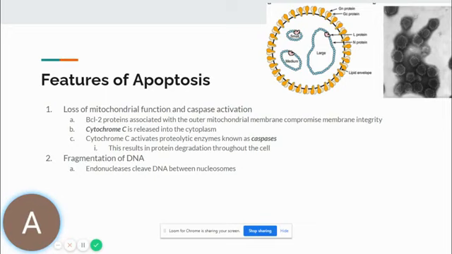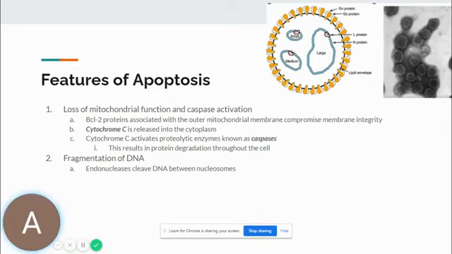This results in protein degradation throughout the cell, and this leads to fragmentation of the DNA induced by endonucleases. So in the cytoplasm, BCL2 proteins associate with mitochondria, and when they do, the integrity of the mitochondrial membrane is destroyed. It releases cytochrome C, which activates caspases.